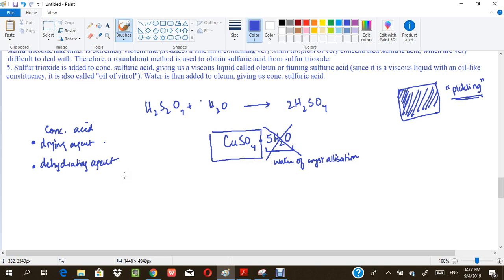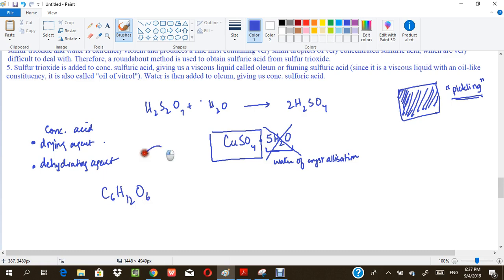In dehydrating agents, what happens is that we don't really have water. Instead, it rearranges the molecules of that substance, makes water out of that rearrangement, and then removes it. For example, glucose, C6H12O6. We can see there is no water here.